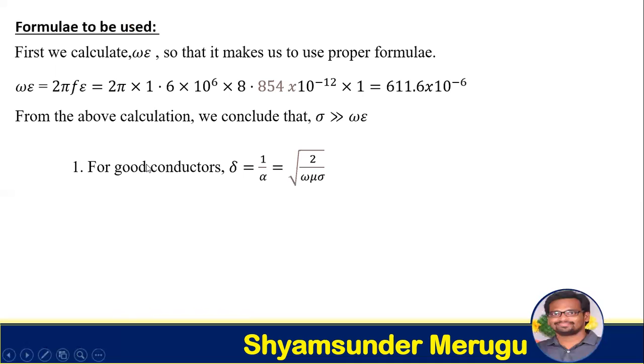Now the formulas governing the conducting medium we have to write. For good conductors, the skin depth is given by 1 by alpha, which is equal to square root of 2 over omega mu sigma. The propagation constant is gamma equal to alpha plus j beta per meter, and the wave velocity Vp equal to omega by beta meter per second. Now we go for the calculation part.